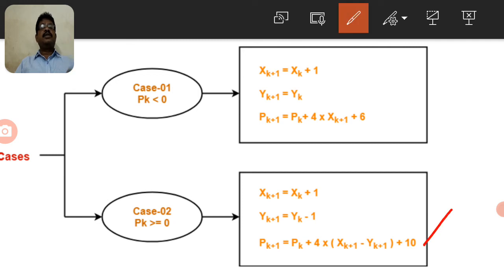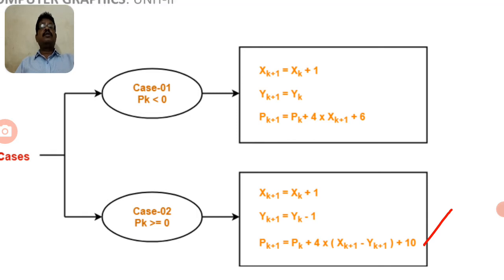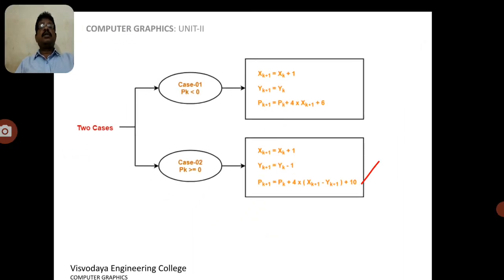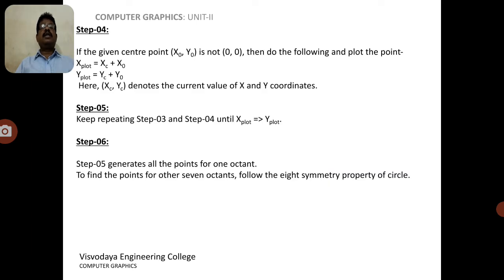We can substitute the given values, then find the next decision parameter value. Now we can continue this concept based on the pk value, and here let me start the coordinate 0 0.